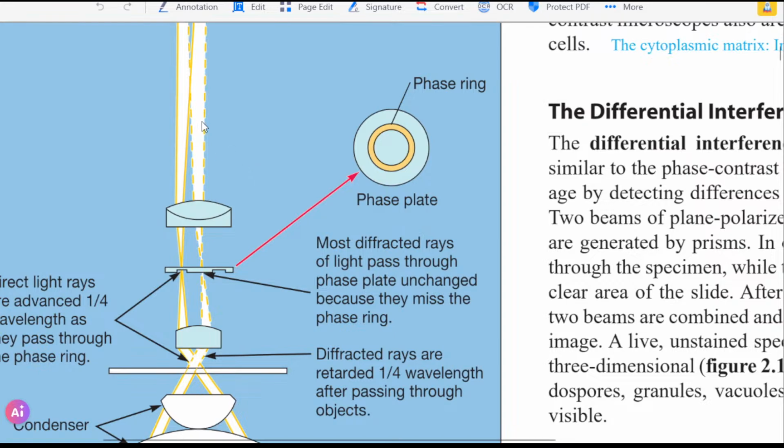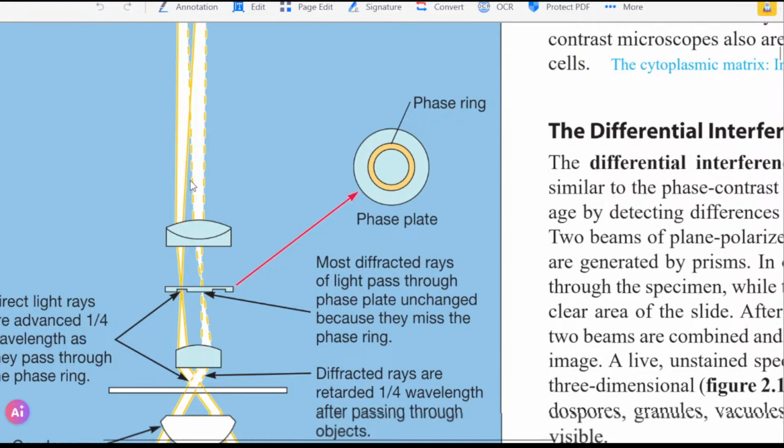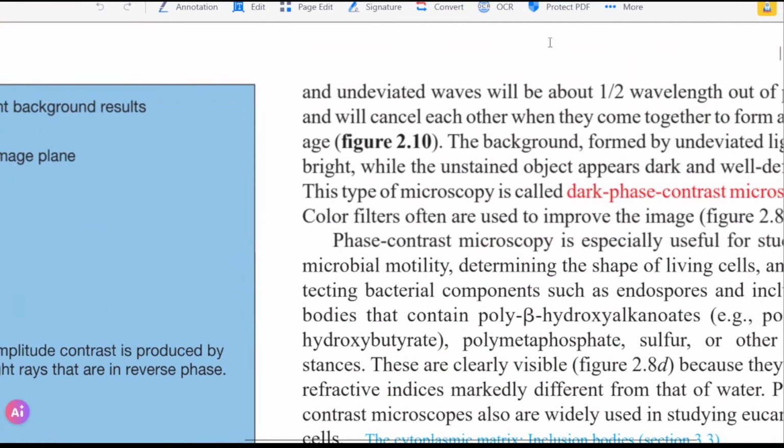So their difference is about 1/2 wavelength from one another. If you remove the 1/4 part of this and the 1/4 part of that, there is only a 1/2 difference, right? So when they pass through and come together, of course the plus and minus will cancel each other and they will form an image.